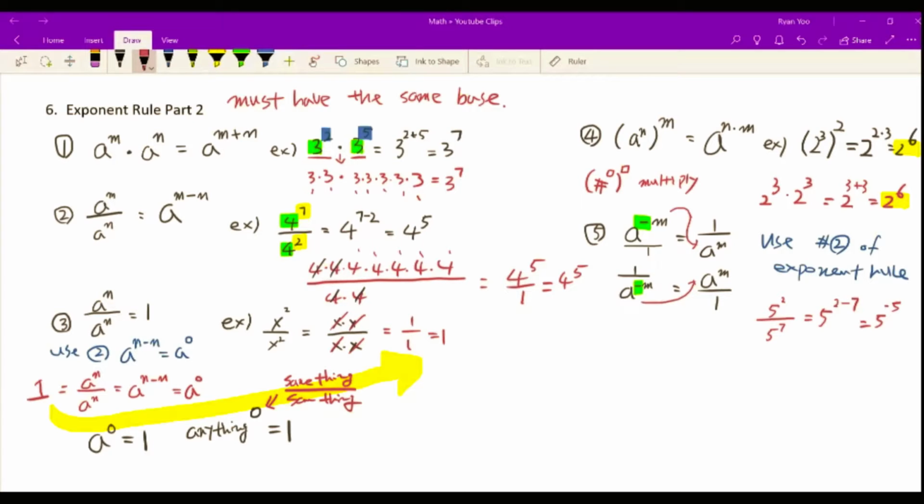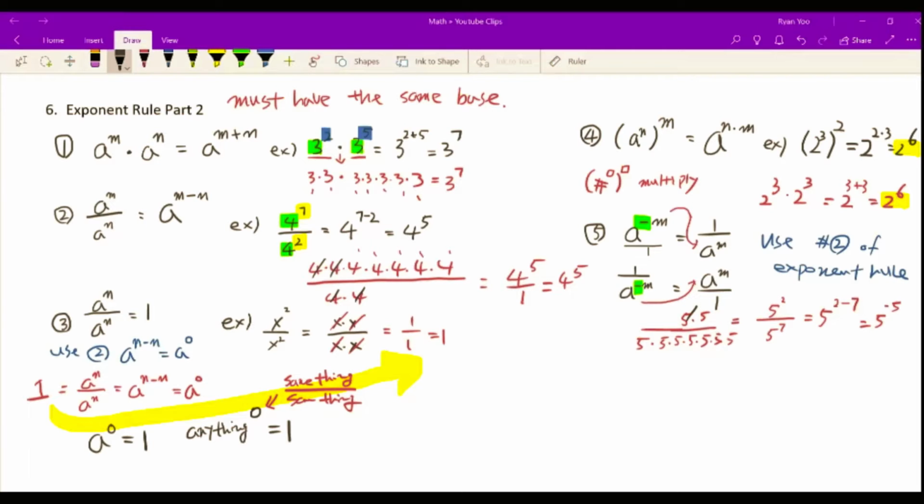So let's see what that means. In order for us to visualize, let's open it up. 5 squared means 5 times 5. And 5 to the 7th means I have 1, 2, 3, 4, 5, 6, 7 fives. And we can cancel, same thing over same thing.